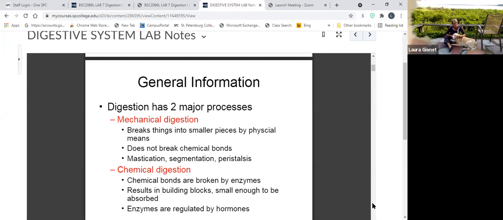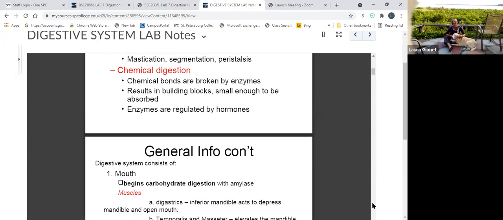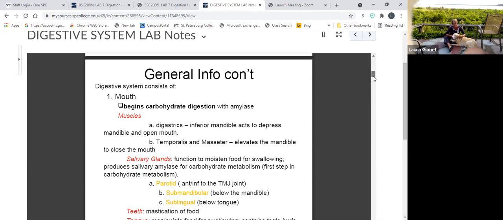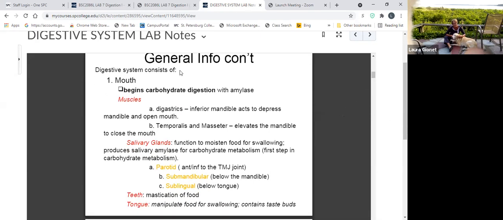And then we have chemical digestion, which is how we use enzymes to break the bonds of these organic families that we're ingesting. So you can go through this on your own pretty much because it coincides with where you can find the answers to the matching and some of the functions that I already covered with you.